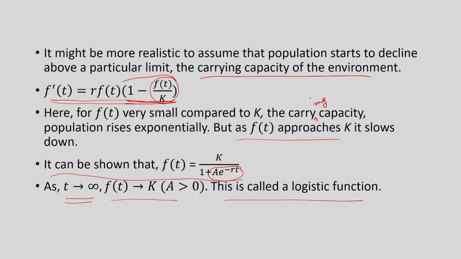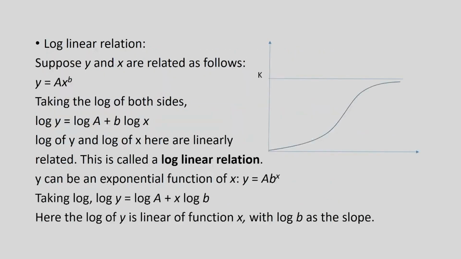So, geometrically how does this look? This is how it looks. You have time on the horizontal axis, and on the vertical axis you have the population, which is f(t).